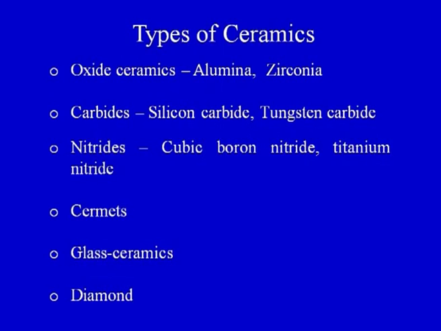Now, what are the various types of ceramic materials? Let us see. Although we have classified the ceramics, now we want to see the different types of ceramic materials that are available. Oxide ceramics like alumina, zirconia, carbides like silicon carbide, tungsten carbide. Now, silicon carbide, let me give you an example, is being used as a reinforcing material in many metal matrices.